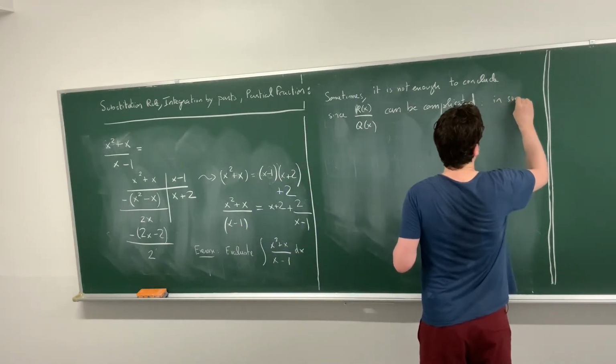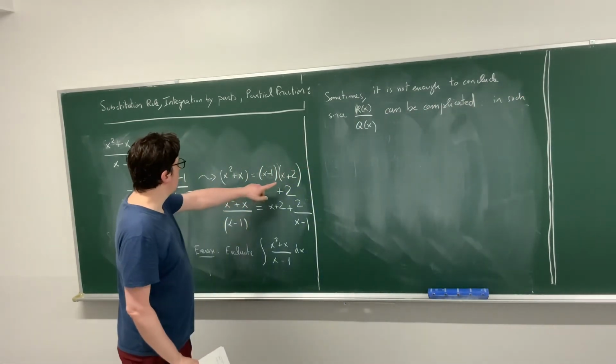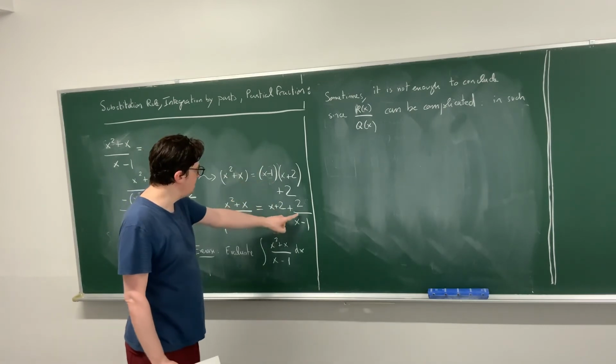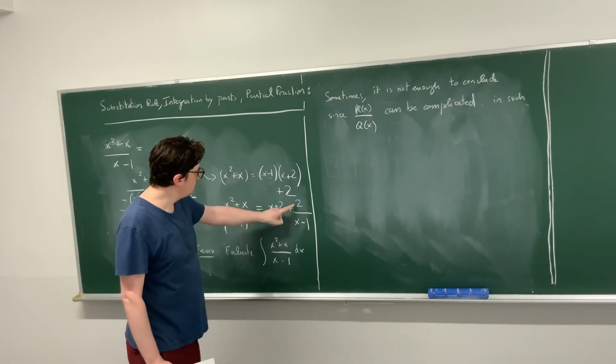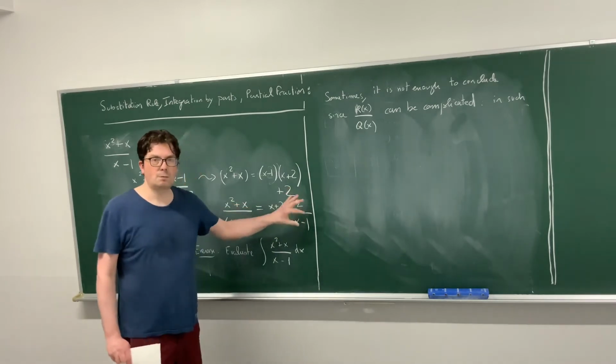In such a case, so here, you see, we have divided by q, okay? This was our q of x, and we divided by q, and we get the remainder divided by q was something integrable, okay?